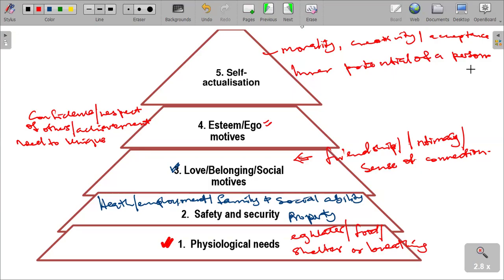As we look into these factors, you need to understand that human needs were arranged in a hierarchy, with the physiological, which are survival needs, at the bottom, and then the more creative and intellectually oriented self-actualization needs at the top.